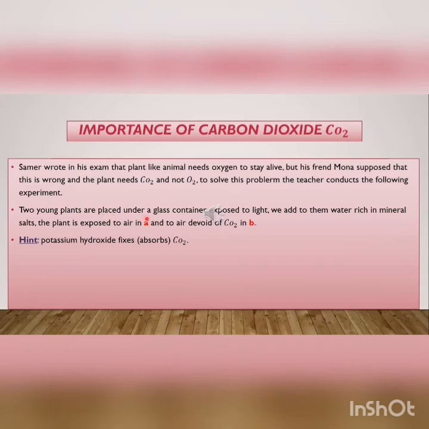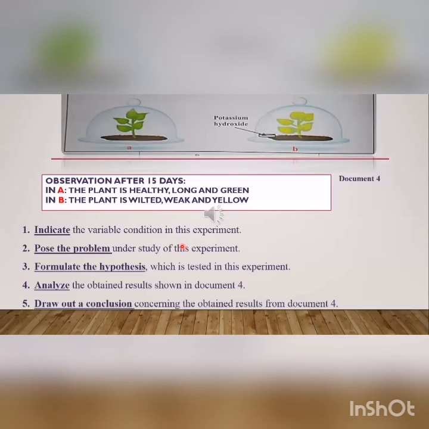Two young plants are placed under a glass container exposed to light. We add to them water rich in mineral salt and air devoid of CO2. To devoid air of CO2, we use potassium hydroxide, which absorbs or fixes CO2.